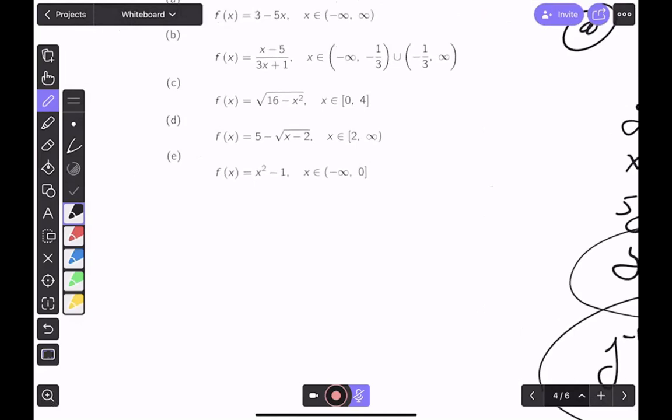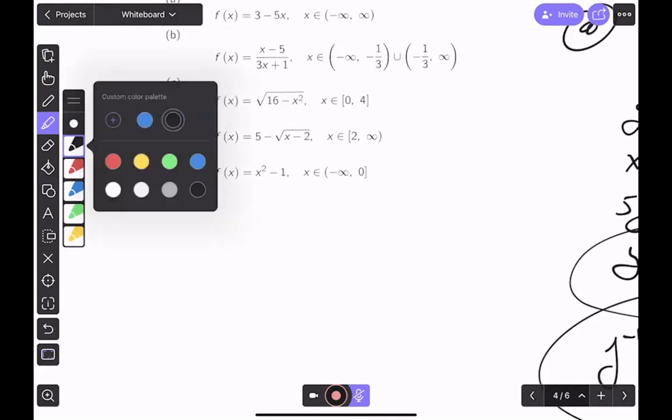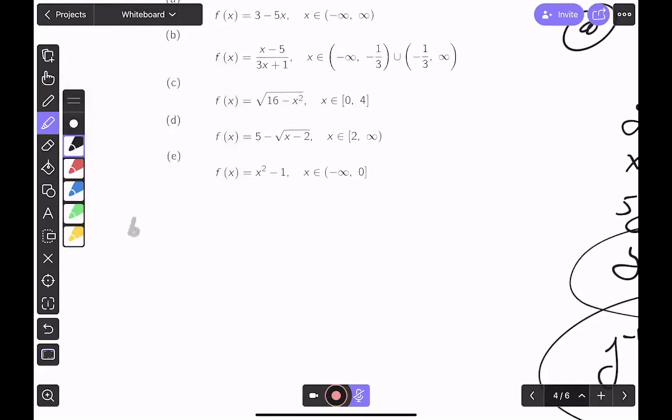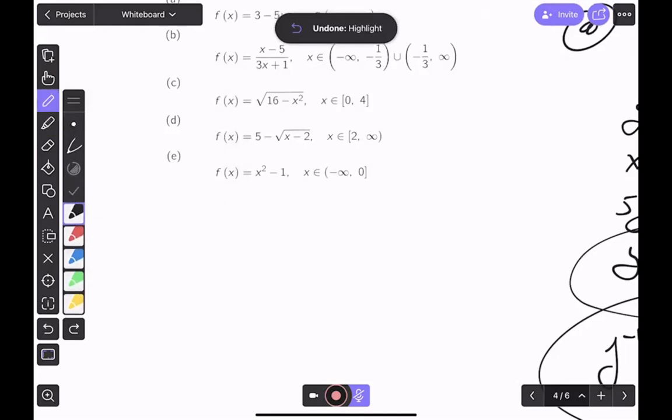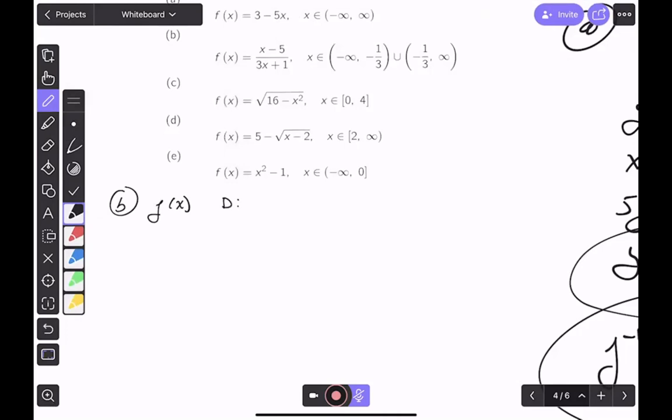All right, B is a little more complicated. And let's take a look. All right, so let's put B down. Well, I'm going to write f down. And f's domain, right? And what's that going to be?